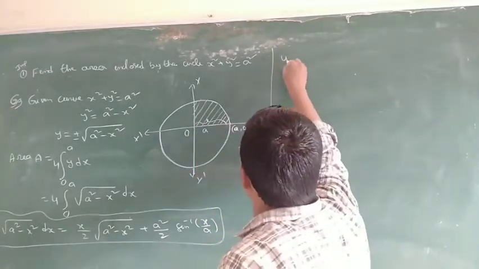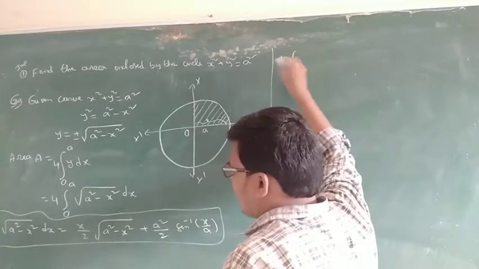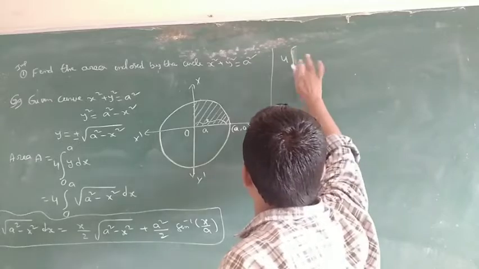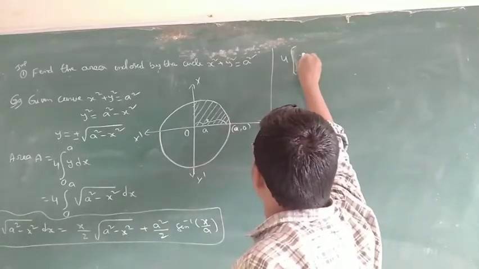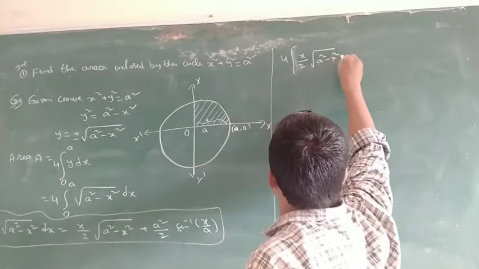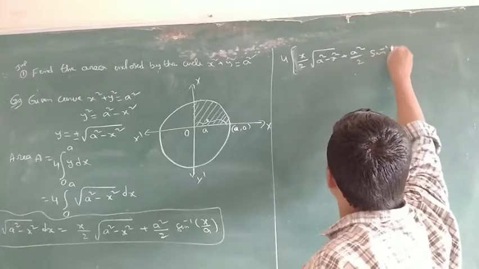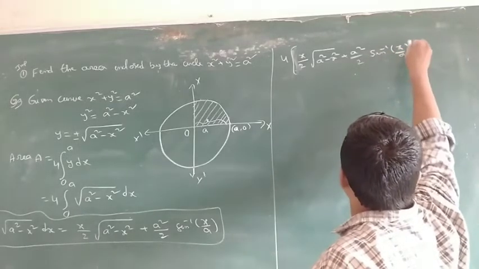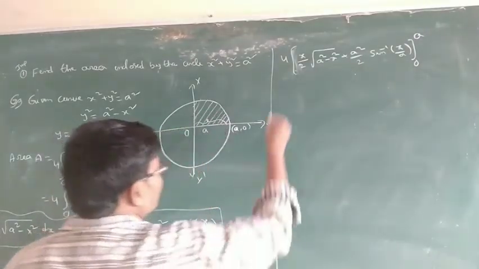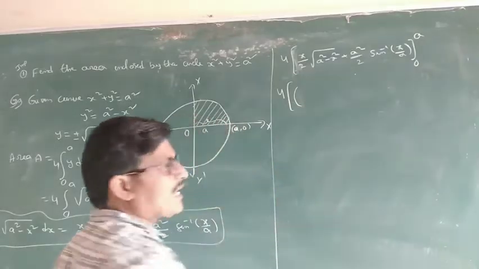So that is equal to 4 into the integral 0 to a. What is the root of a square minus x square formula? Direct formula. 4 into x by 2 into root of a square minus x square plus a square by 2 into sin inverse x by a, over the limits 0 to a. So first 4 into big bracket, next small bracket.